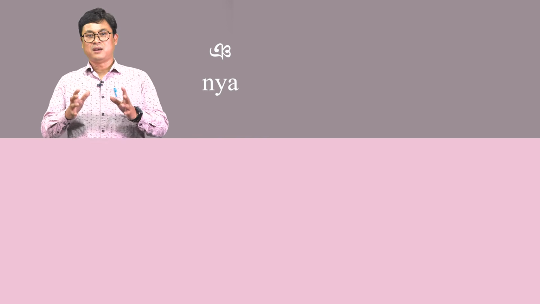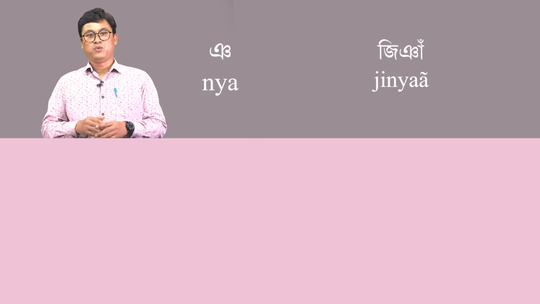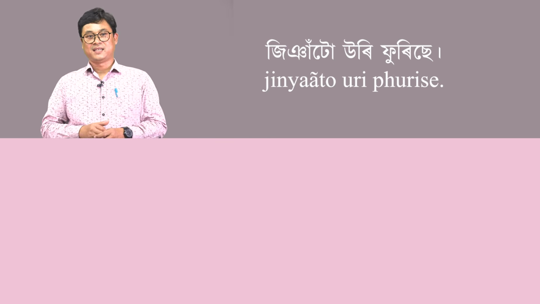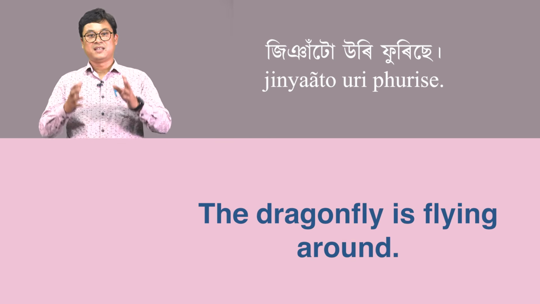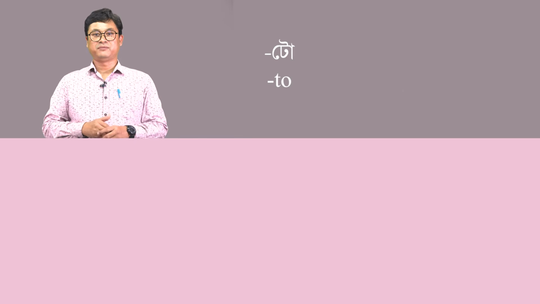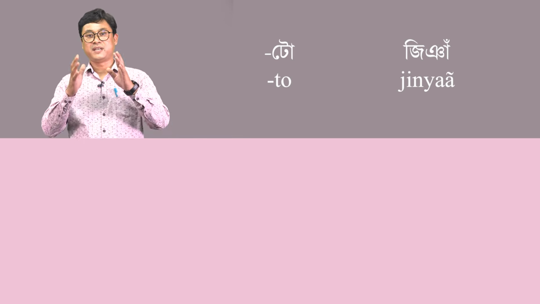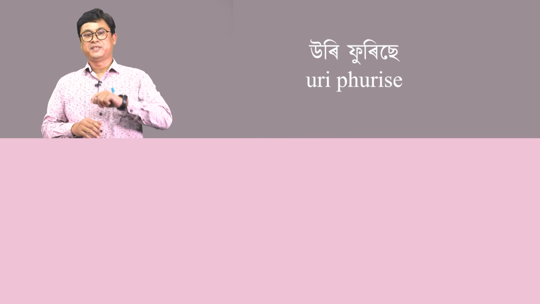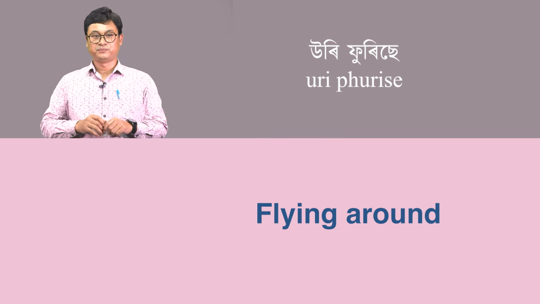Nya, nya for jia, which means dragonfly. Jia tu uri furise, which means the dragonfly is flying around. Here, the tu suffix with jia indicates a particular or definite dragonfly, and uri furise means flying around.